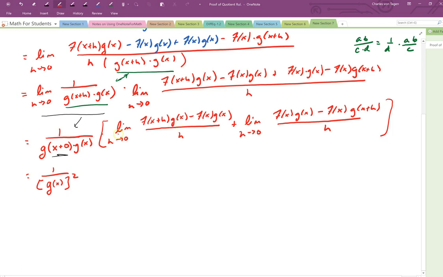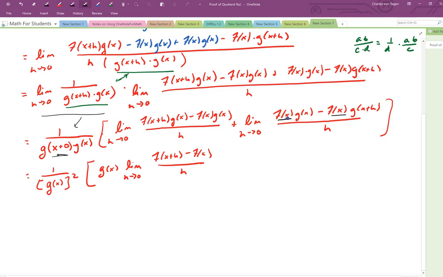In the numerator of this fraction, notice that I can factor out a g of x from both of these expressions. That g of x does not depend on h, so I can pull it all the way out of that limit. So that leaves me with this. Likewise over here, I have these two factors of f of x.